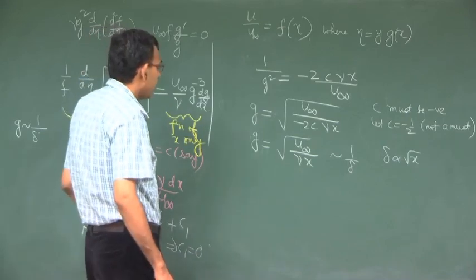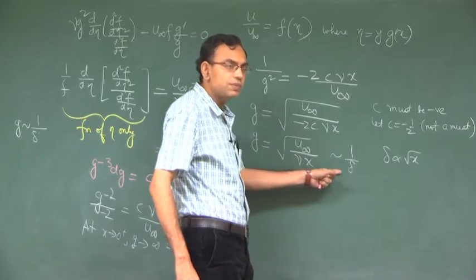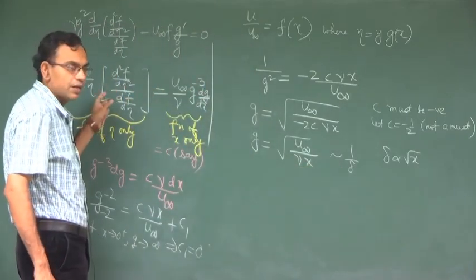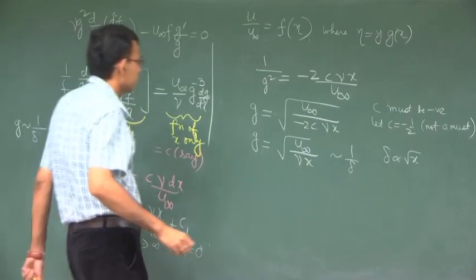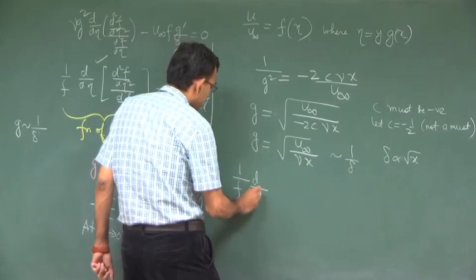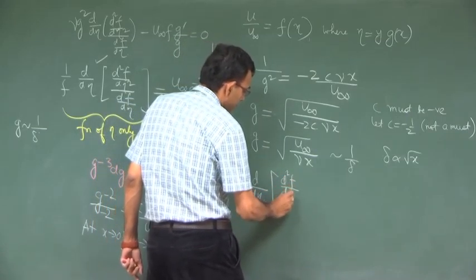So, now our main objective is not just this, main objective remains to determine the velocity profile, and that comes from this equation. So, 1 by f d d eta.